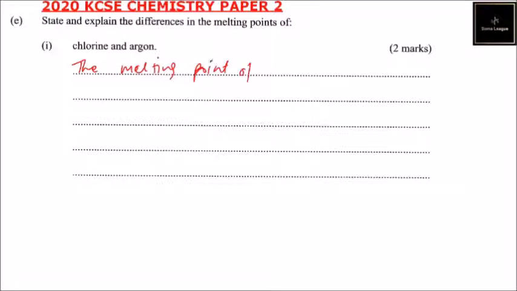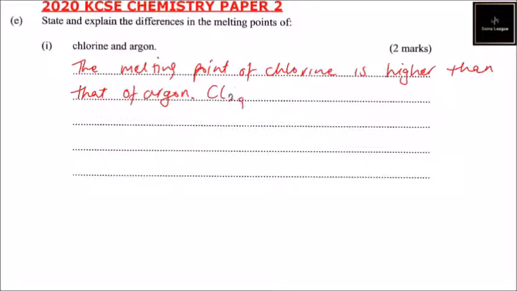One of the reasons is that chlorine is diatomic, while argon is monoatomic.